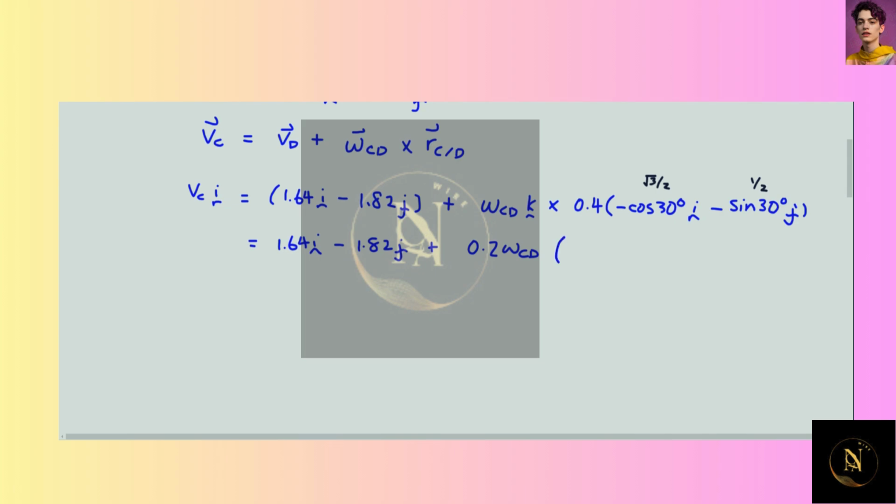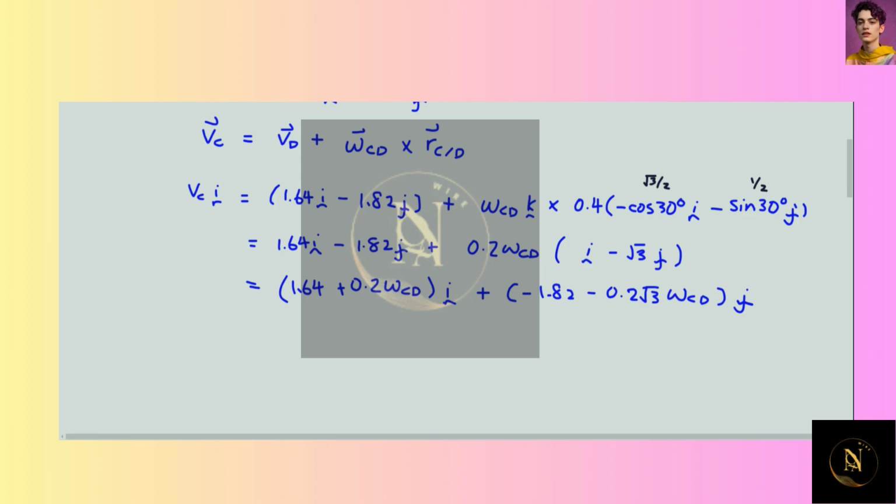Then do the cross product. k cross minus i gives minus root 3 j, and k cross minus j gives i. Grouping the components, you have 1.64 plus 0.2 omega CD i minus 1.82 minus 0.2 root 3 omega CD j.